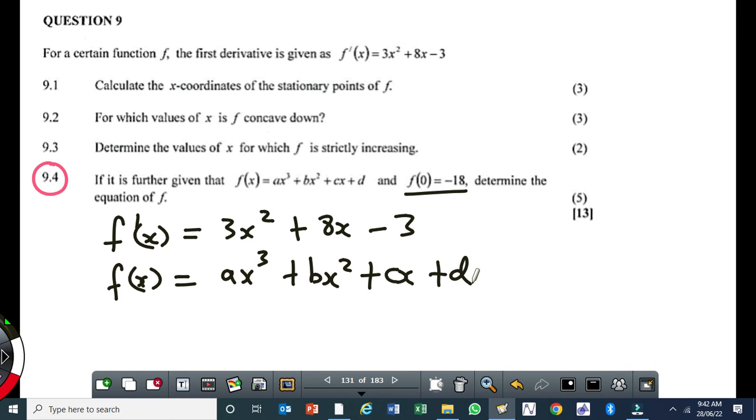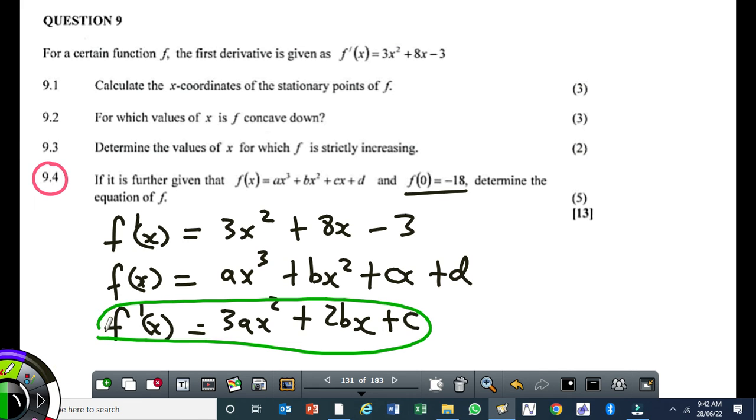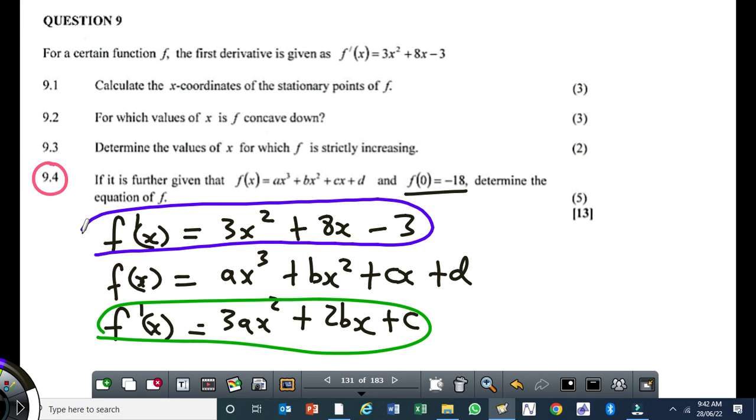If I find the derivative of f of x in terms of a, b, and c, I'll get 3ax squared plus 2bx plus c. Then I can compare this equation in terms of its coefficients and that equation in terms of its coefficients, so that I can determine the values of a, b, and c.